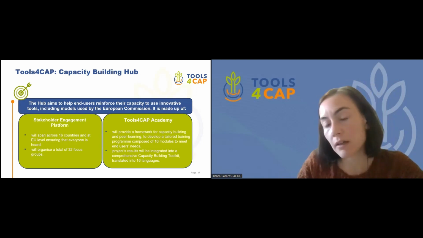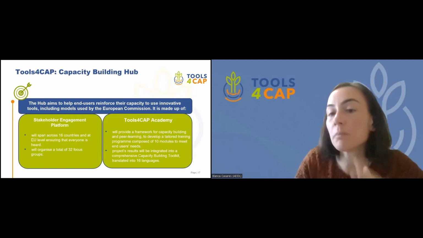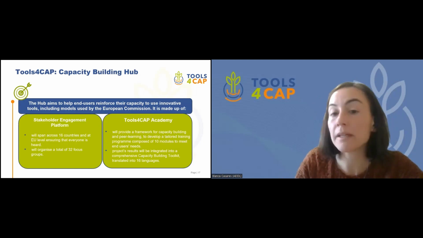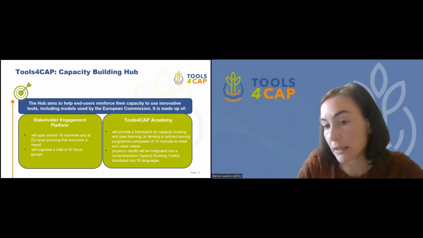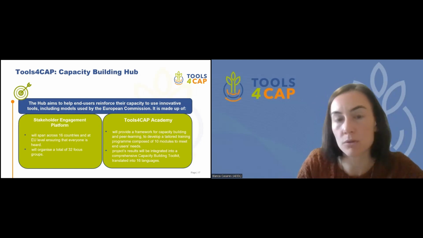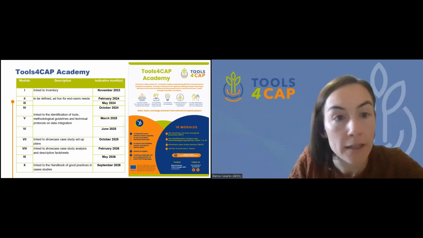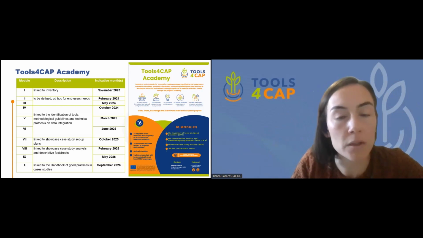And we will organize the modules to meet end user needs, as I said. Results from the Academy will be integrated into a capacity building toolkit and translated into 16 languages, the languages of the consortium. Quickly to see how these modules will be organized.